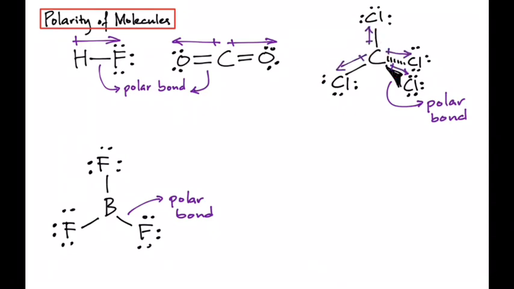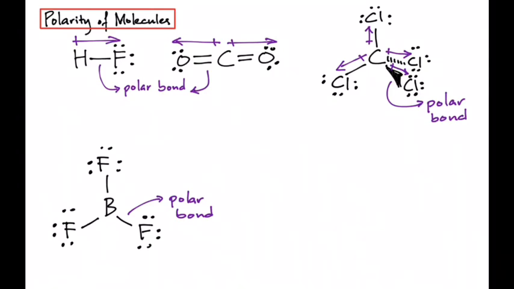And so when you add up all these polar vectors together, what you have is what they call the resultant vector. And this is basically the net dipole. So the net dipole here is also going to be 0 because they're all going to be canceling each other out. And so carbon tetrachloride is therefore a nonpolar molecule.